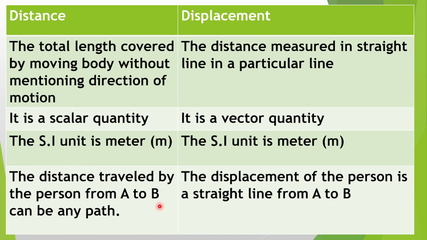For example, if the shortest distance between any two points is 6 kilometers, then the distance can be more than 6 kilometers, or can be equal to 6 kilometers, but the distance cannot be less than 6 kilometers. So the displacement of the person is a straight line from point A to point B.